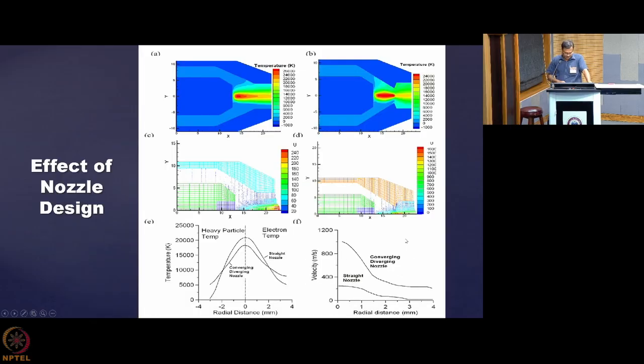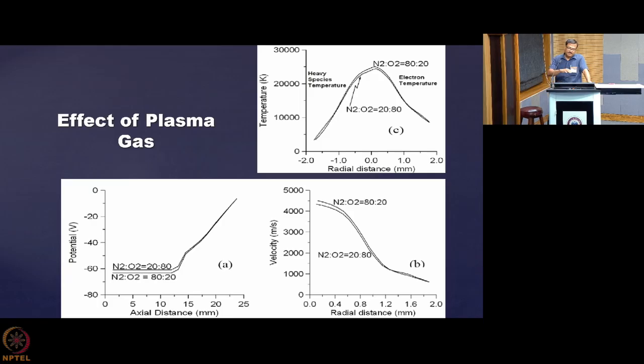If I use the same design and operate with air at an 80 to 20 ratio, or operate with a reverse composition like 20 to 80, I am seeing that there is not much difference. There is a difference, but not much.